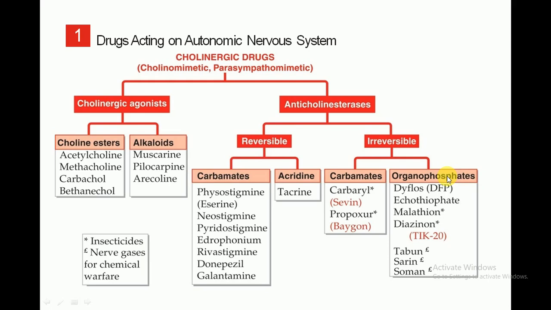So these are the cholinergic drugs which are cholinomimetic and parasympathomimetic. This is very simple and easy to understand.